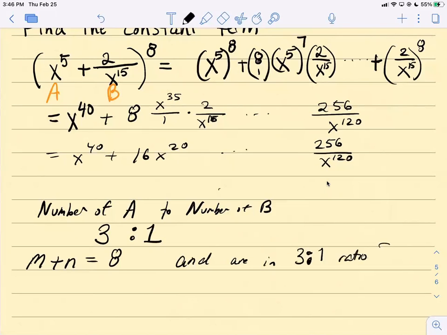You just take a moment to think about that and think of two numbers. You think of two numbers that add up to 8, but one of them is 3 times the size of the other.